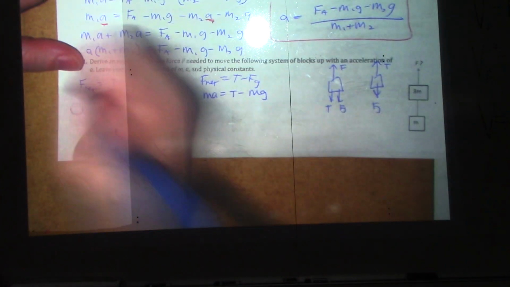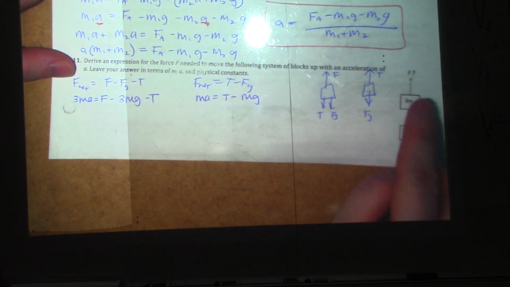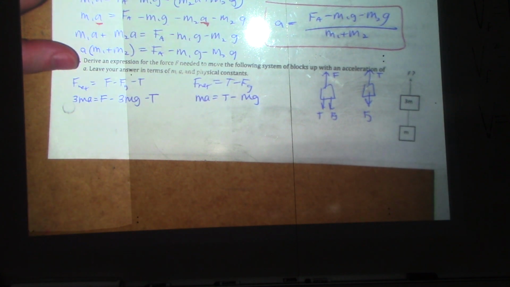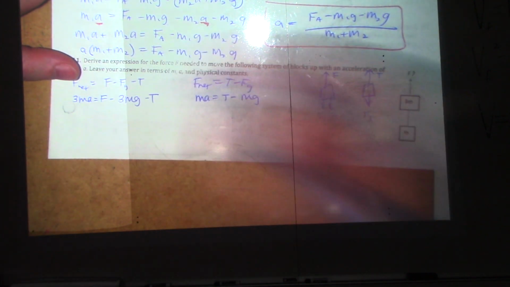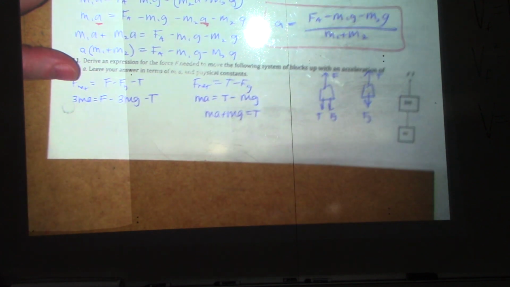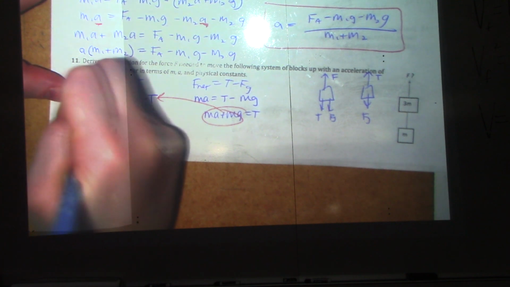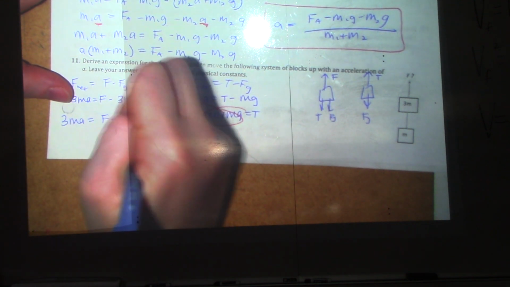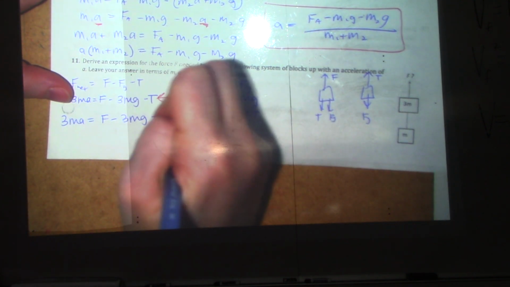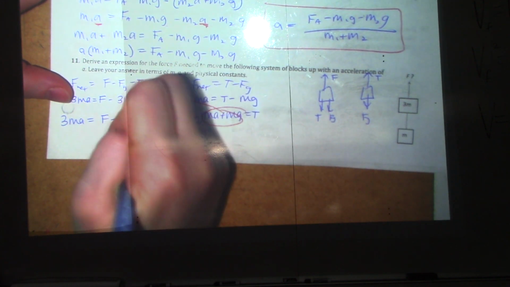And then this guy is 3Ma equals F minus 3Mg minus tension, right? Because it's mass times gravity, which is the mass of 3m times gravity, so 3mg. I need to substitute in for T, so let's add this over. Ma plus Mg is T. Plug in, minus all of this, so minus Ma minus Mg.